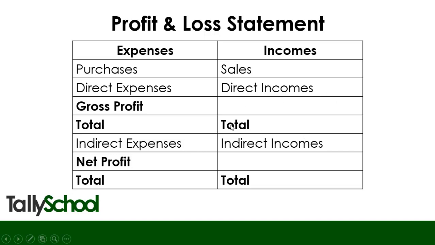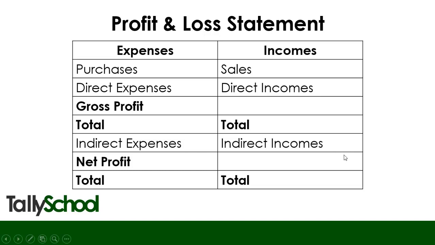Then we put a total here of these both incomes, and the other one is indirect incomes. These are the incomes which are not directly related to your business but happen in businesses. For example, we have our sarees business, and under indirect incomes we have, let's say, interest income, because we have given some money from the business to some people, and they have given us interest on that money.